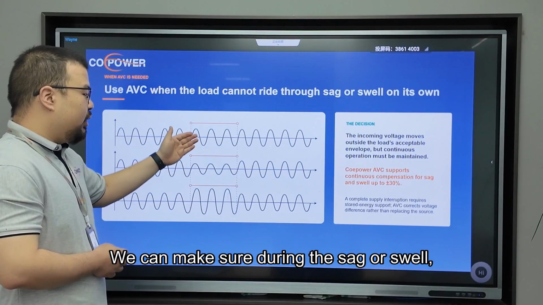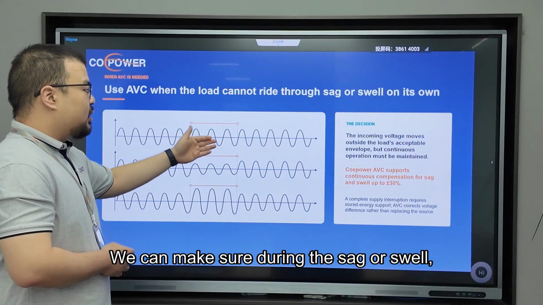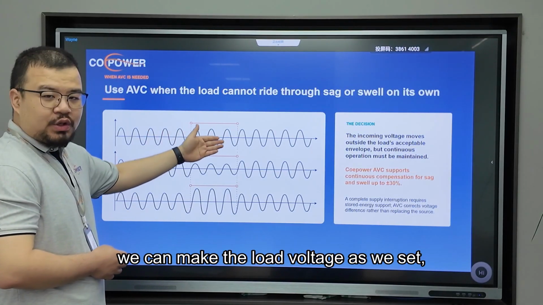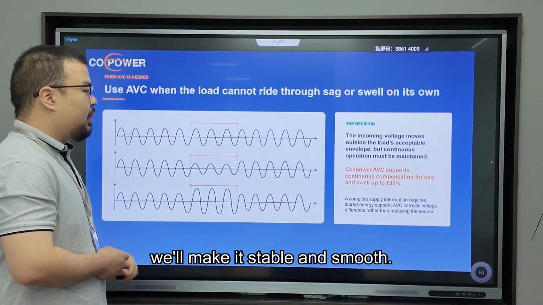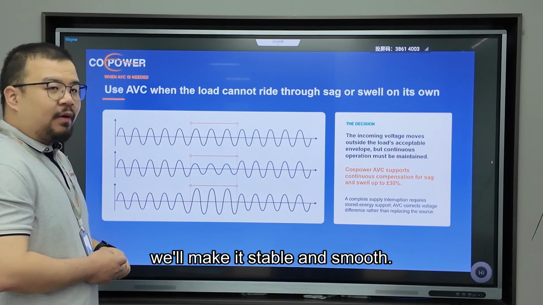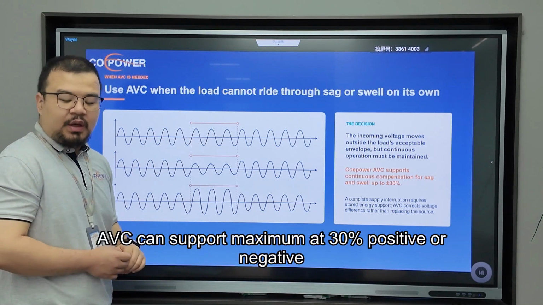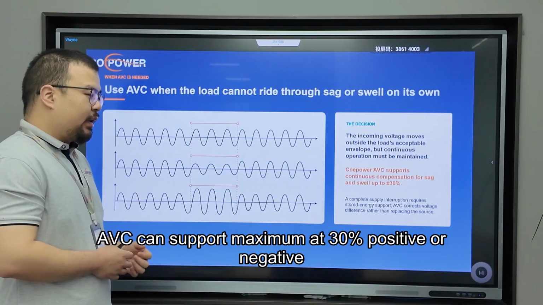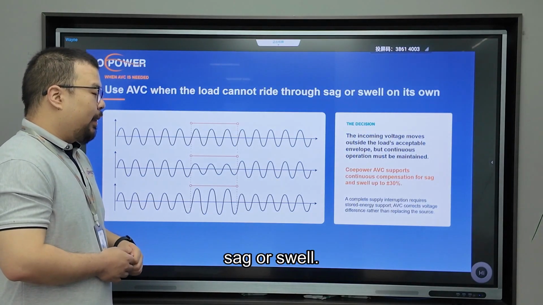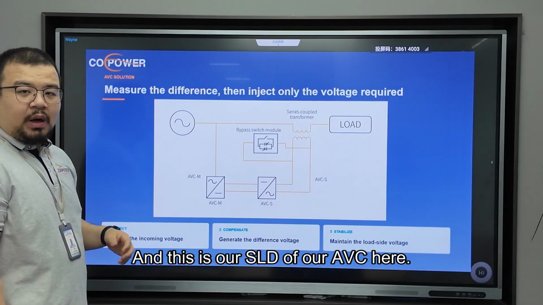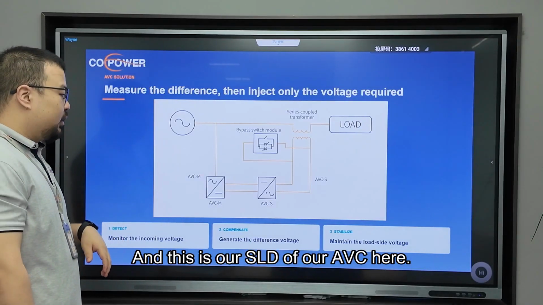We can make sure during the sag and swell, the load voltage is as we set, stable and smooth. Koei Power's AVC can support a maximum of 30% positive or negative sag and swell. And this is our SRD of our AVC here.